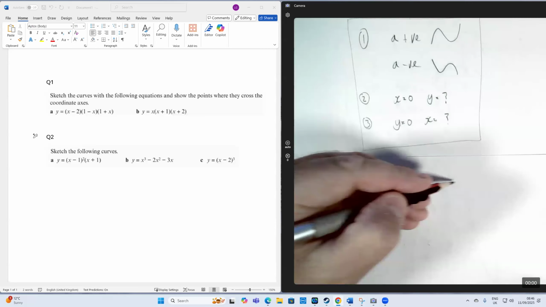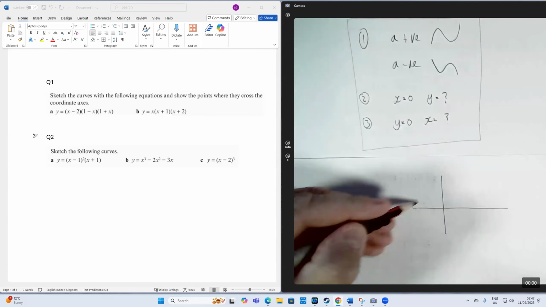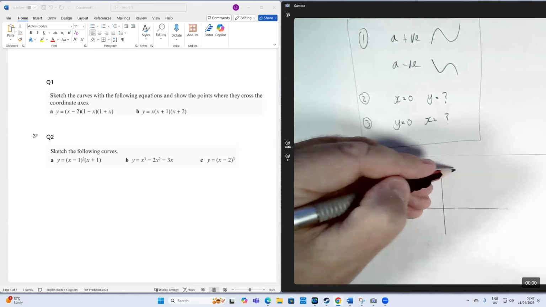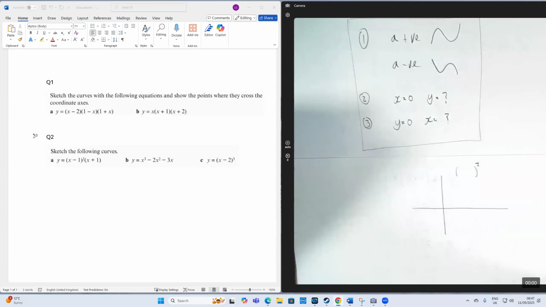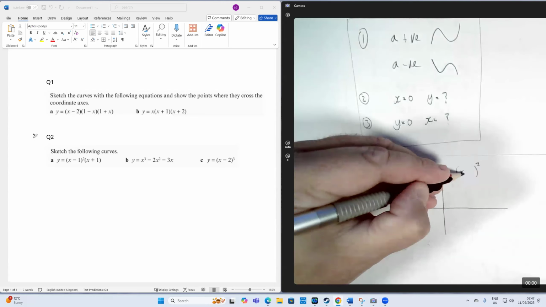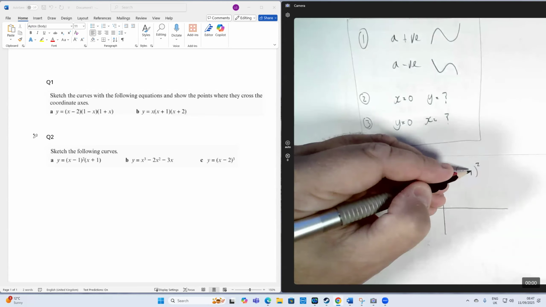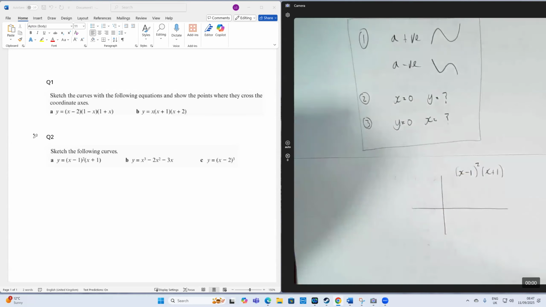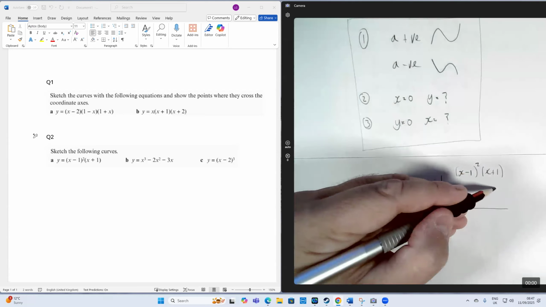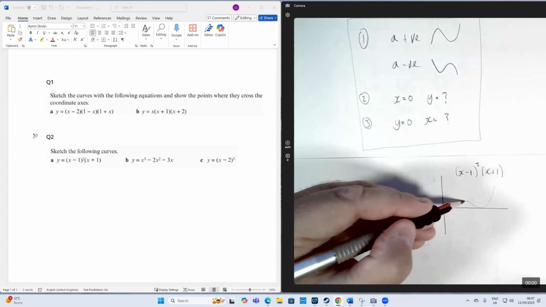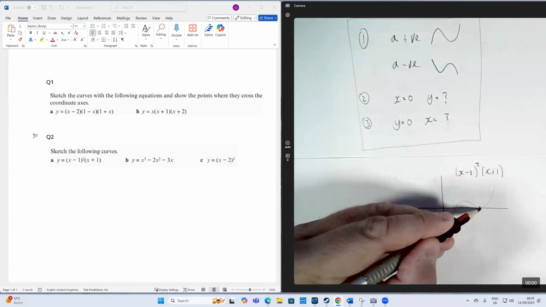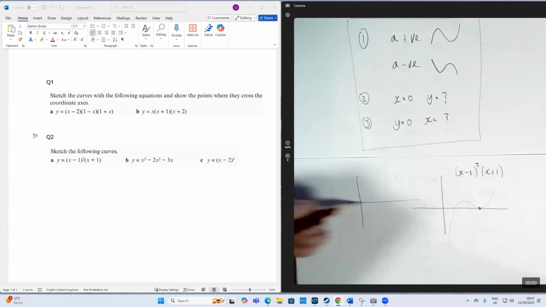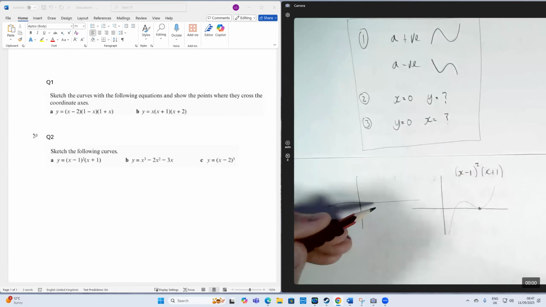When you have a squared bracket, it means that you're going to have a repeated root, which means that there's going to be a part of the curve that's a tangent to the x-axis. So whatever this curve looks like, just to draw a rough sketch, it's going to have some kind of tangent to the x-axis. At the moment, we can't tell exactly how it's going to look.